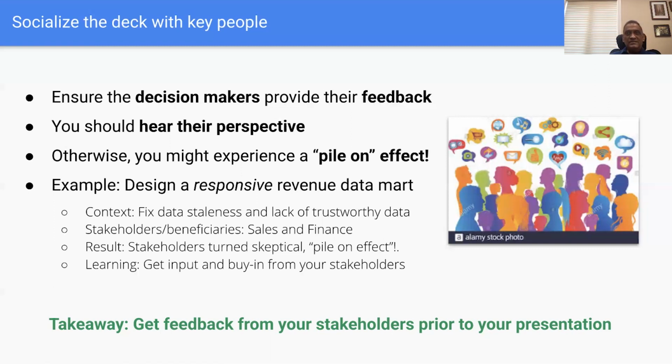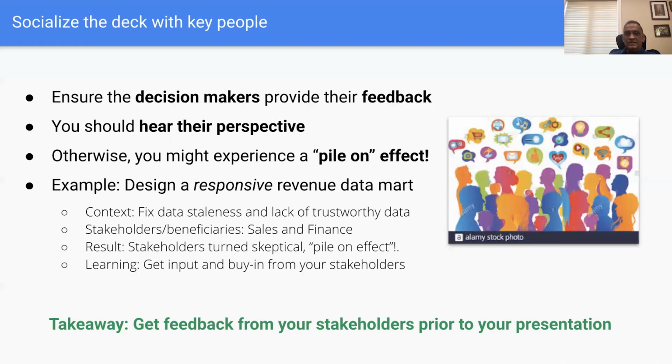Now, let me just tell you the result. What really happened at that time? As soon as I started talking about the problems, and not even talking about the solution, my partners felt that I'm presenting the problems in the wrong order. Specifically, I was talking about data freshness as a problem, and by no means was I saying that it was the main problem or the fundamental problem.